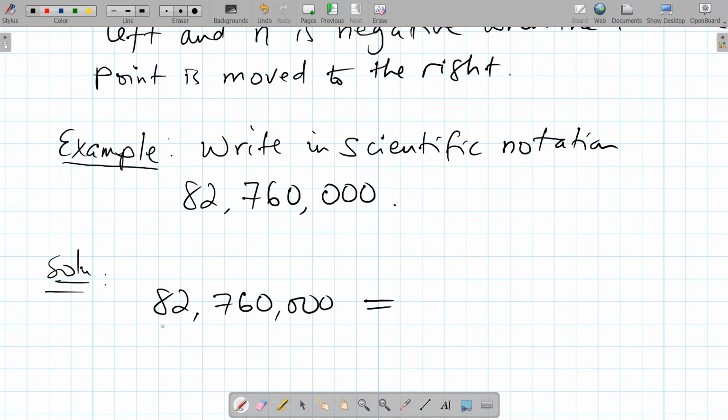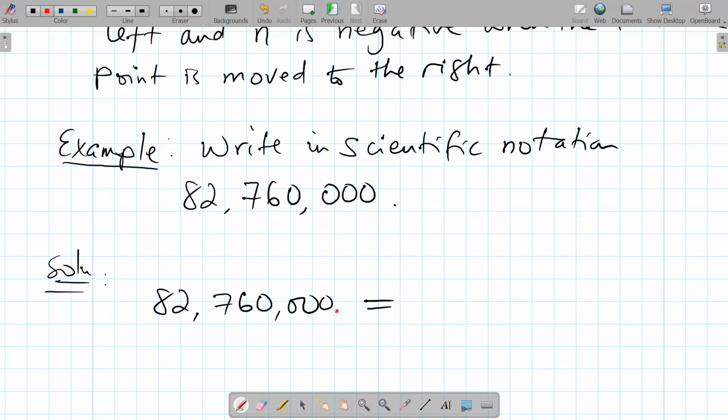So that is why this is 82,760,000. So we are moving from the left to right. So if the number is a whole number, not a decimal, then basically you expect the decimal point to be after the last digit of the whole number. So in this particular case, the decimal point is right here. Let me just write.